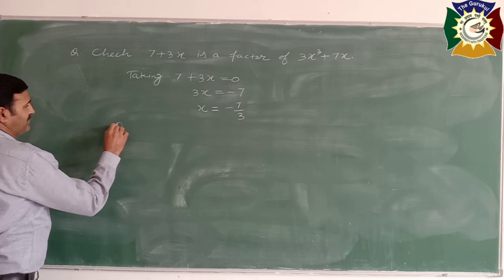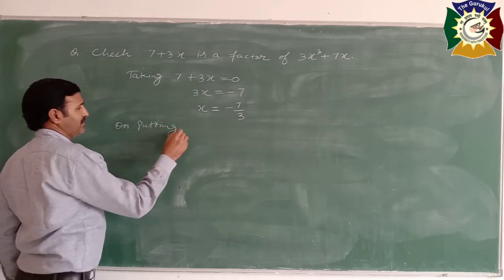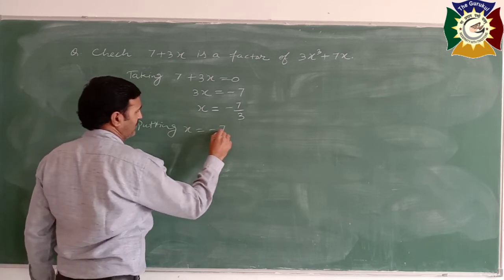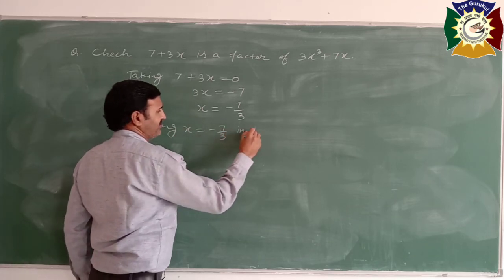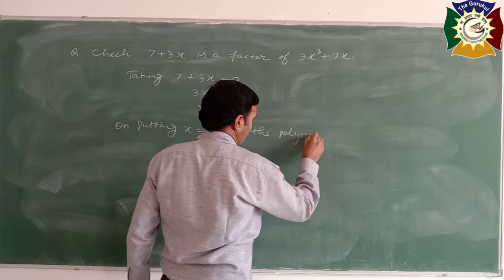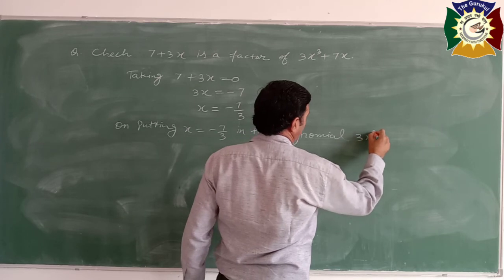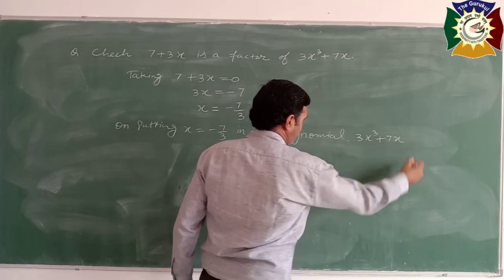On putting this value in the given polynomial 3x cube plus 7x.